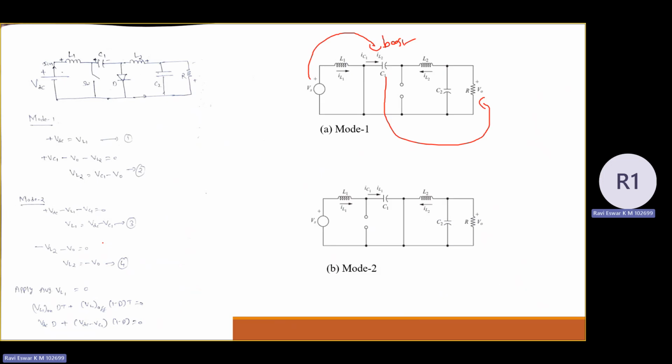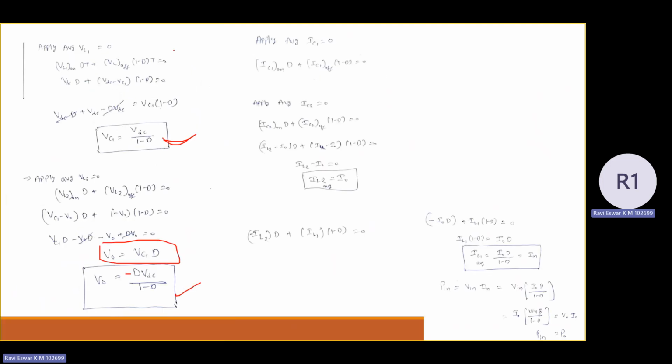So this particular converter you can also name as a boost-buck converter. First there is a boosting action followed by the buck action. So you can name this converter as boost-buck converter.